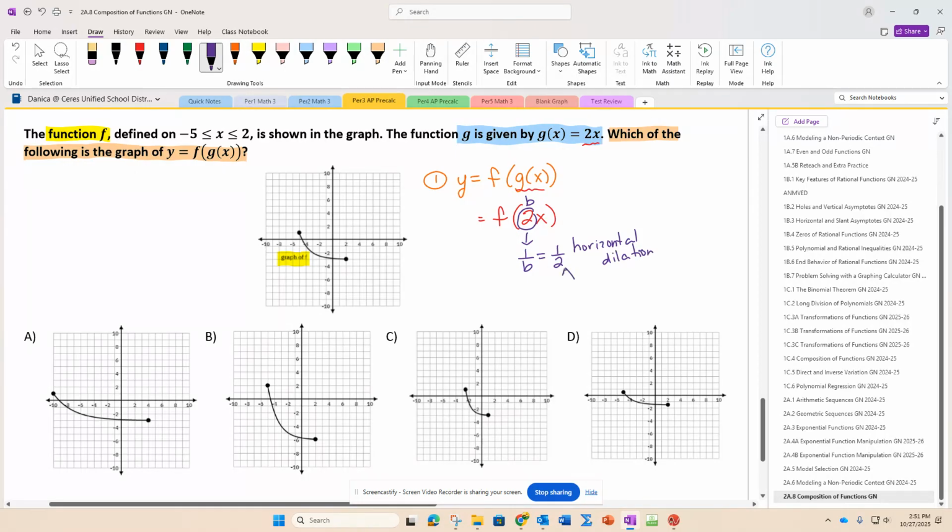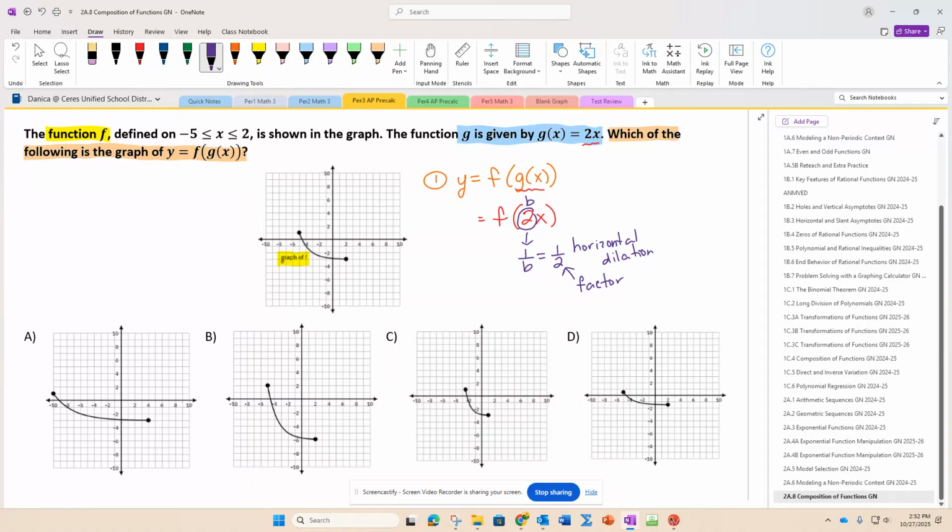That's important for helping us understand what math is going on in this one. With the horizontal dilation, remember, each of the x's, for all of the points, or in general in a function, are multiplied by that horizontal dilation factor.